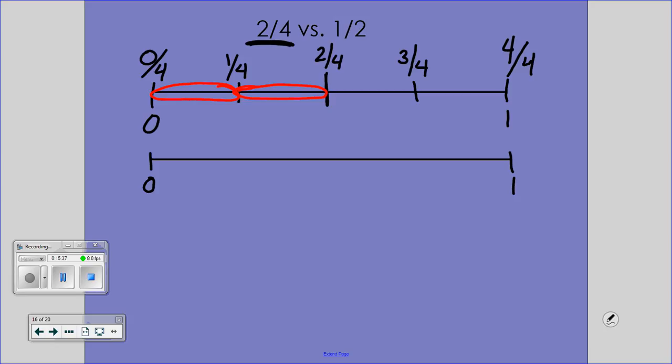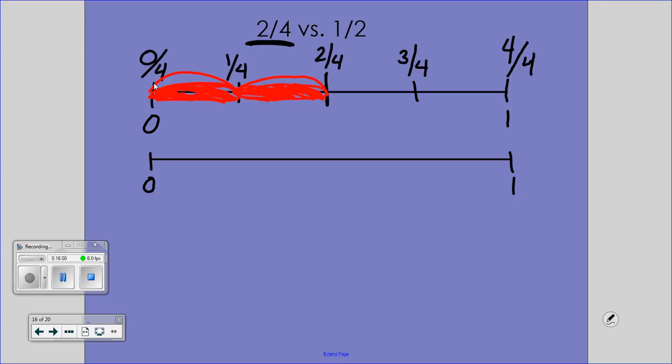You can do hops, circles, or shaded in sections, whatever makes your brain happy. I like to do shaded in boxes because it reminds me of a bar model, and bar models are really easy for my brain to look at.